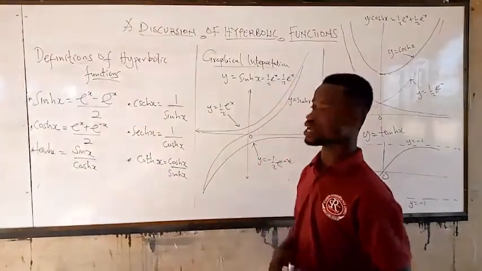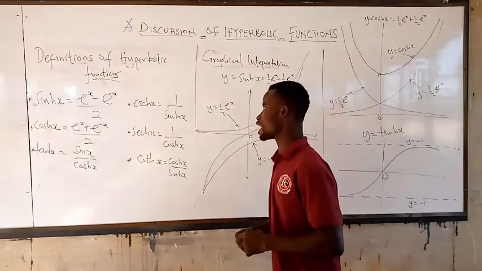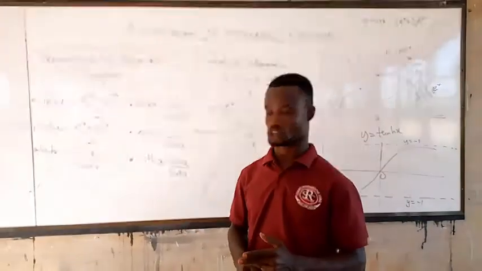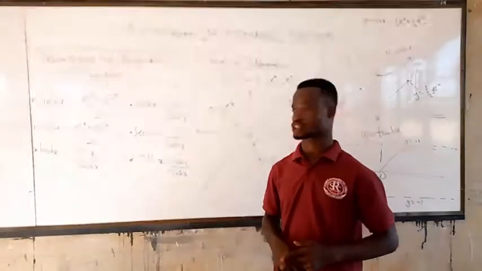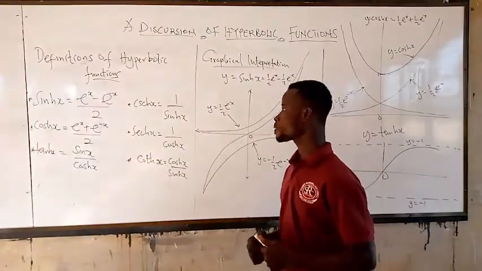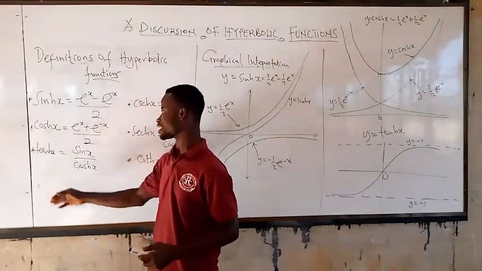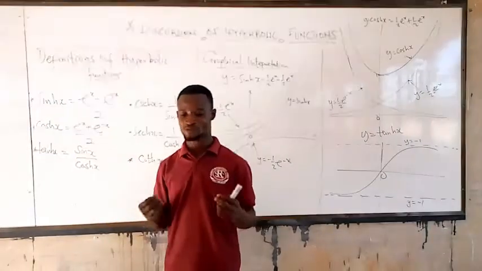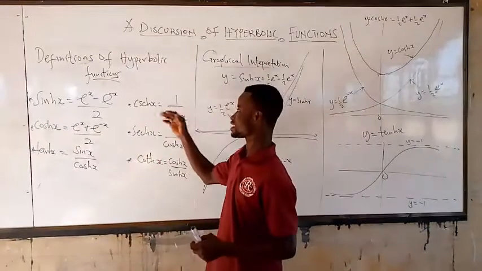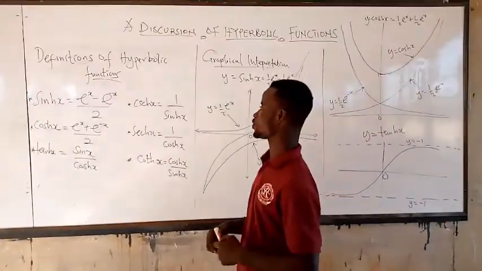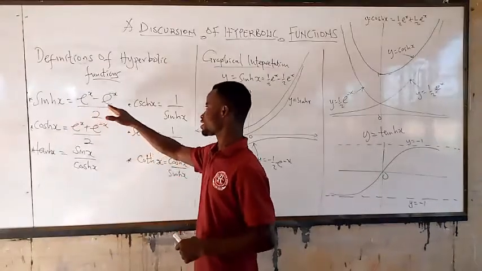In the same way, when we talk about hyperbolic functions, we are talking about sinh, cosh, and tanh. For these to make meaning, we have to translate them to natural logarithm form.